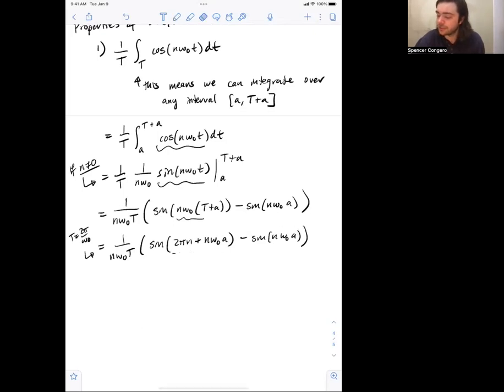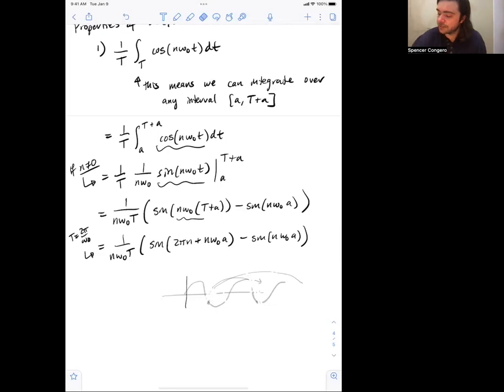But we know that sine is 2 pi periodic, right? If I take my sine function and look at any point, what happens when I go 2 pi to the right of that point? I get the exact same value. Same if I went 4 pi. Sine is periodic with period 2 pi.